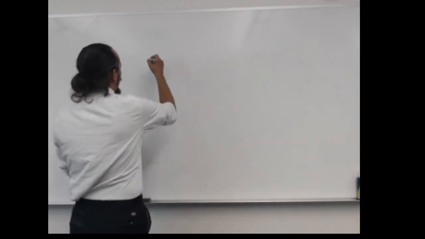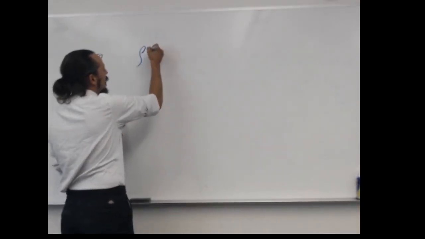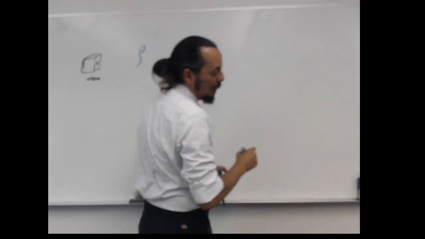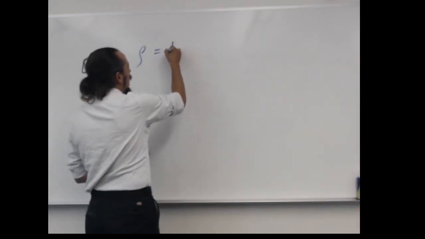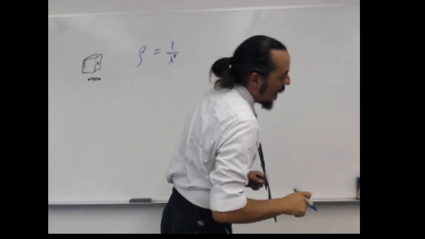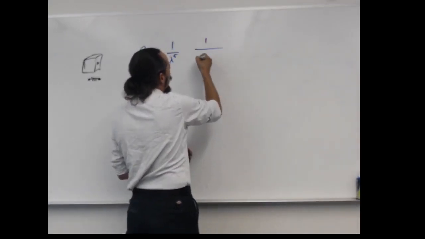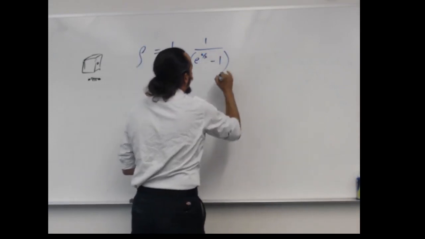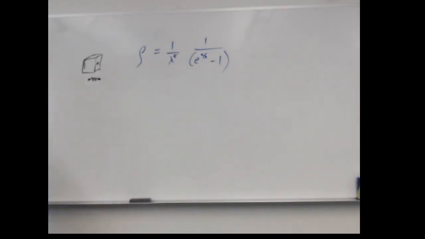So Maxwell-Planck came up with an equation that described it, and I'm going to write a simplified version of this. He essentially said there's some energy density, it's got a bunch of constants on top, it's got a 1 over lambda to the 5th on the bottom, and then it's got a 1 over e to the a over lambda, minus 1, on the bottom.